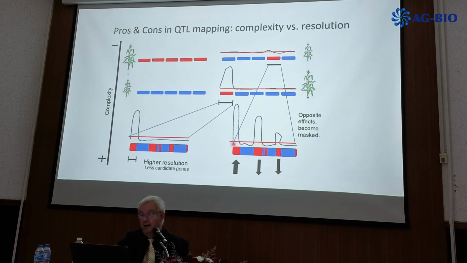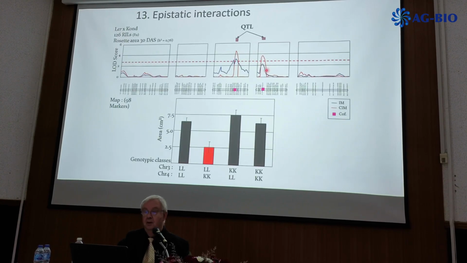Now these together create a situation where, at low complexity and low resolution, you do not find the QTL, whereas there are 3 QTLs in the peak. So you need to do QTL mapping at high complexity and resolution. High complexity means more time, and resolution also needs more markers.